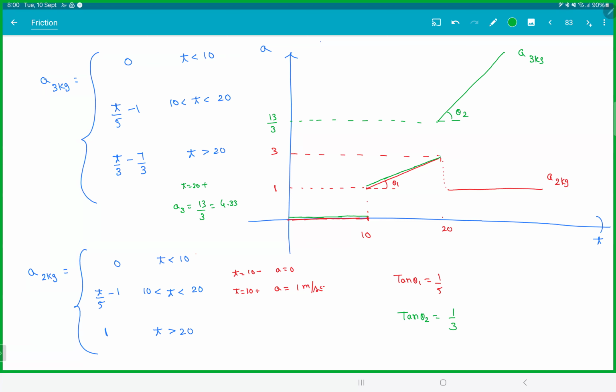There'll be two discontinuities. So that's the main catch there. Whenever there is a kinetic friction, there'll be discontinuity because the value suddenly changes. Acceleration will suddenly change. Is this clear, everyone? Let's see one more like this.